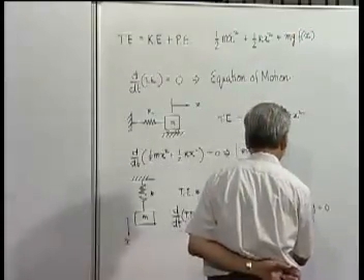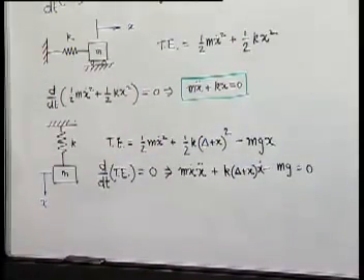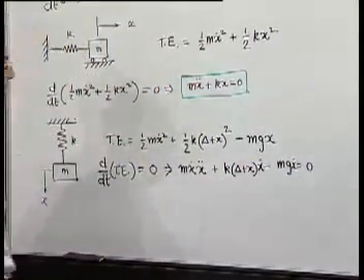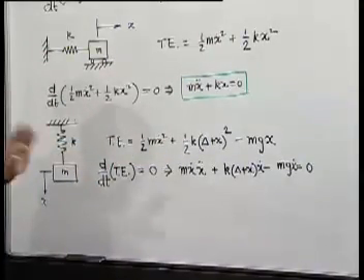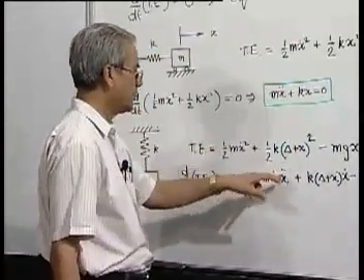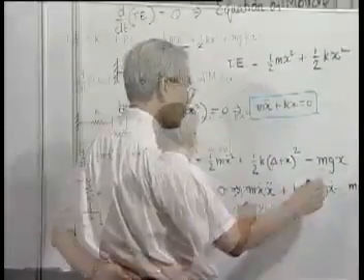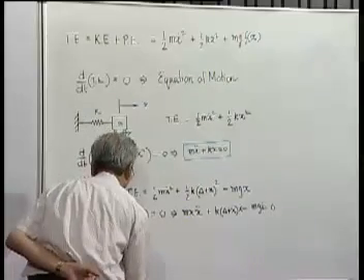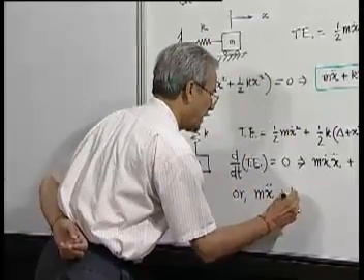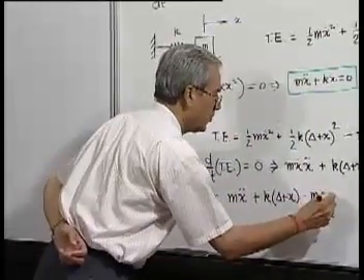Here, of course, we are differentiating with respect to time. So, this term after differentiation with respect to time becomes this, and this term becomes this. So, obviously, all these x dot terms go out and we get m x double dot plus k delta plus x minus mg equal to 0.